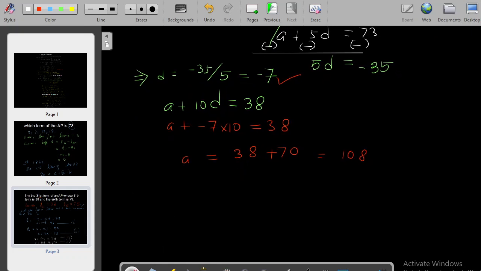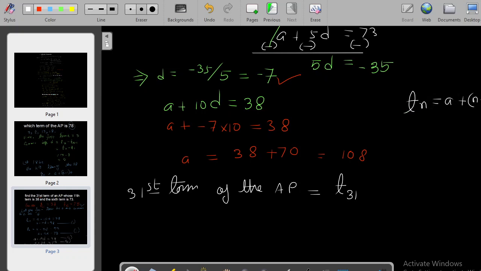The 31st term of the AP is again given by the formula Tn equals A plus n minus 1 into D. So that is A plus 30D, because here n minus 1 becomes 30, and we know the value of A, which is 108, and D is minus 7.